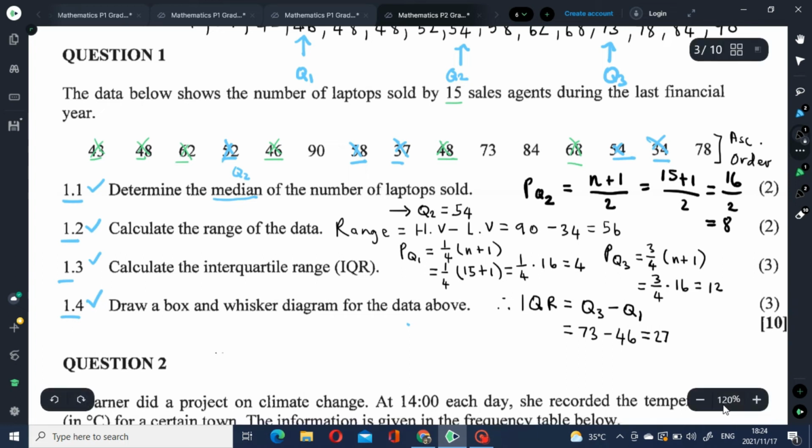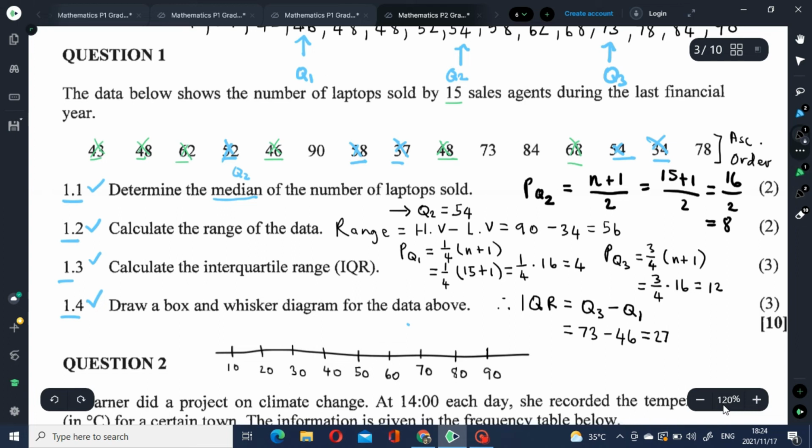In this case, I think the preferred scale would be in steps of 10, starting from 10, all the way to 90. When you draw, just make sure you use instruments. I'm just drawing freehand for the sake of explanation purposes. You do this until you get to 90.